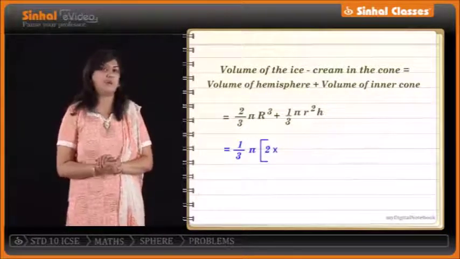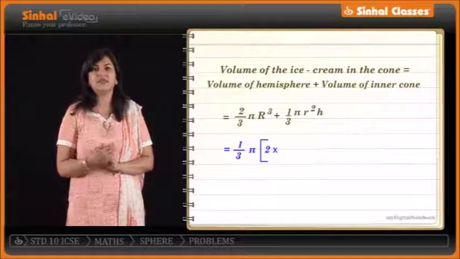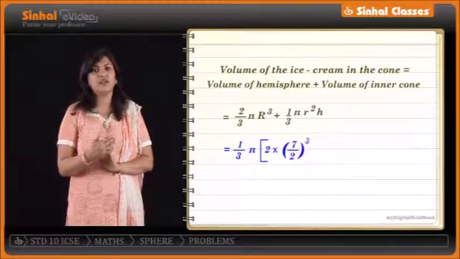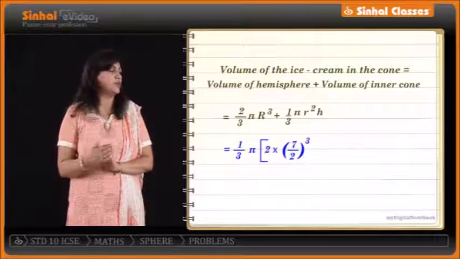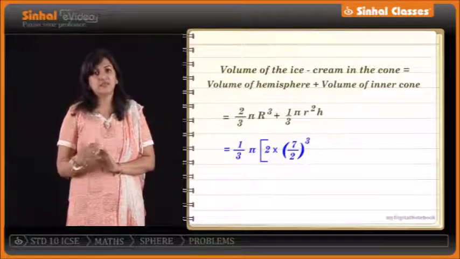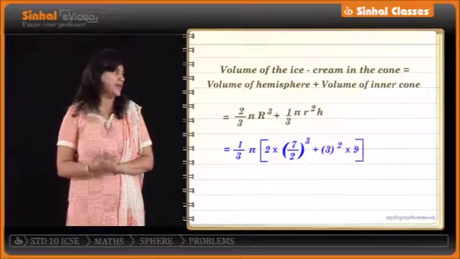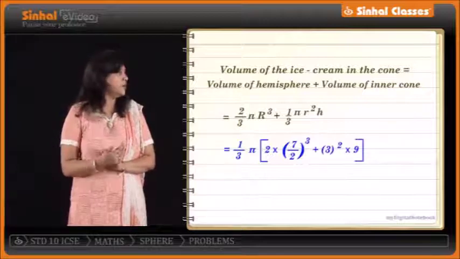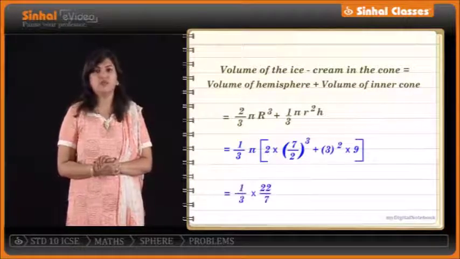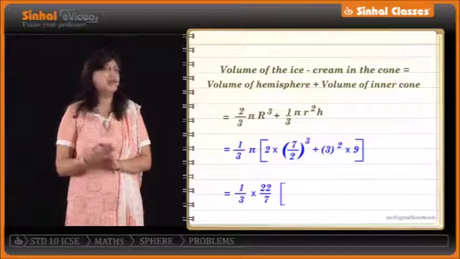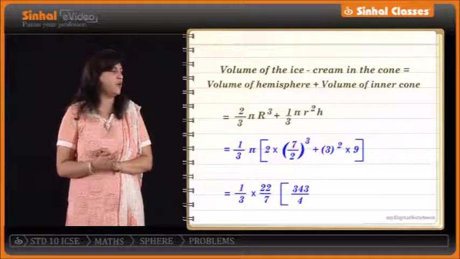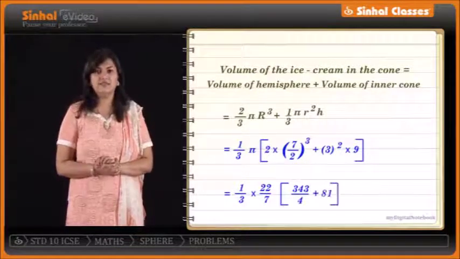Now in place of capital R we substitute 7 upon 2. So we have 2 into 7 upon 2 the whole cube plus 3 square into 9. Simplify this further. 1 upon 3 into 22 upon 7 into 343 upon 4 plus 81.